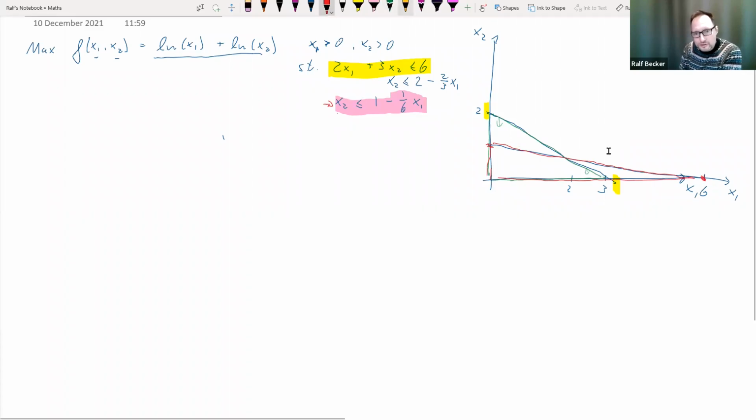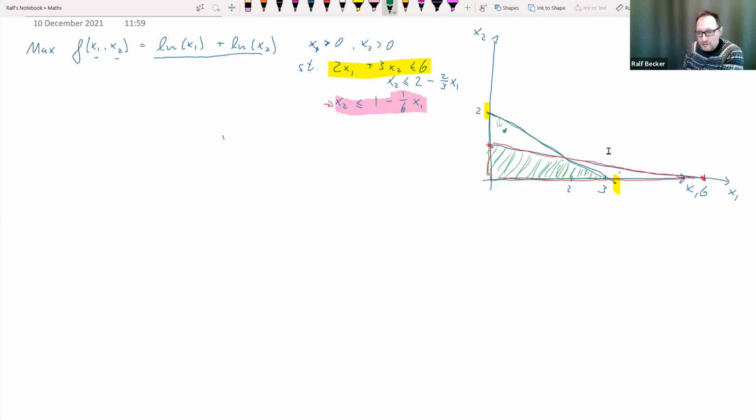So now you can perhaps immediately see that if our solution has to meet both of these constraints, the area of the function in which our solution can be is only this area here. Okay, this is the area where our solution could be, because that's the area where both the constraints are met. If you're in this area here, then the red constraint isn't met.